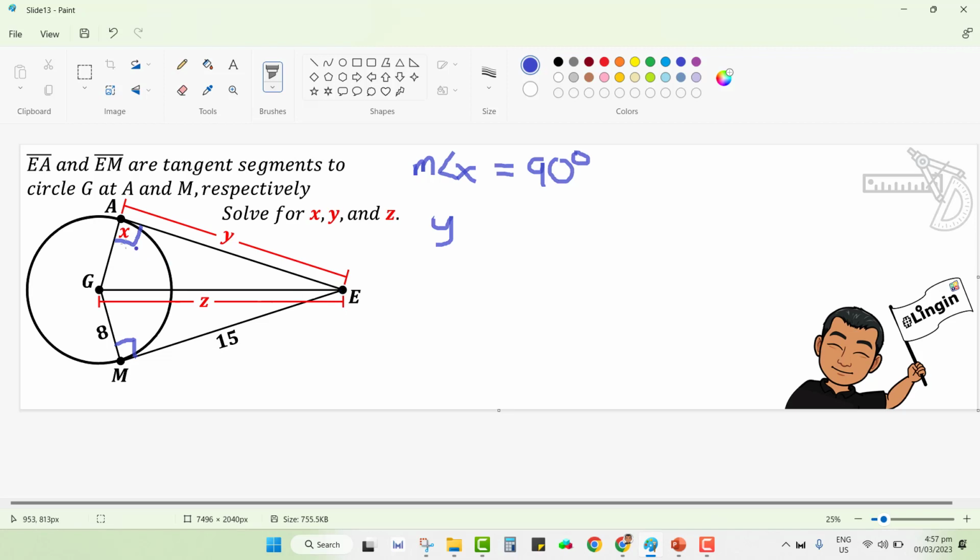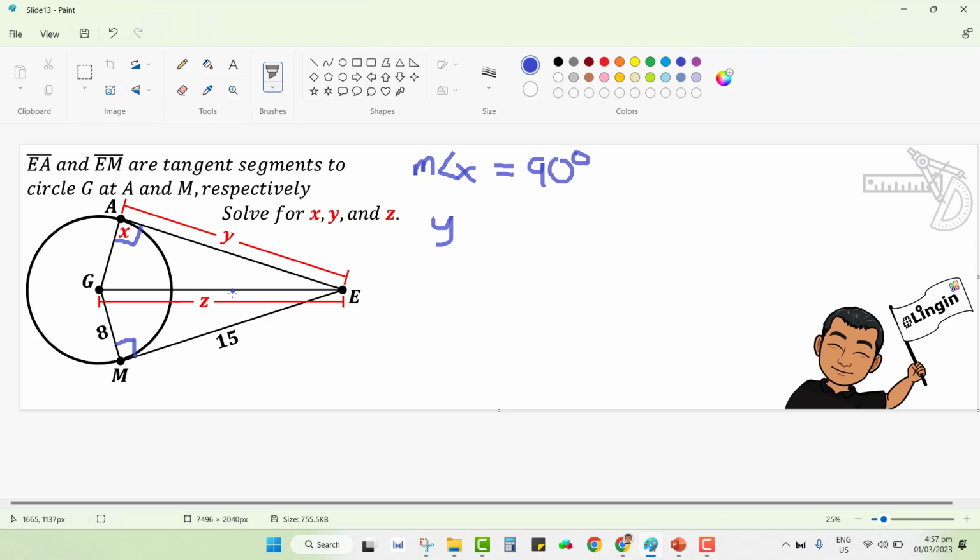Okay? So this is now a triangle. That's also a triangle. Since it's a right triangle, there is a unique relationship as to the measurements of the legs of the triangle. We could use that later on for Z.